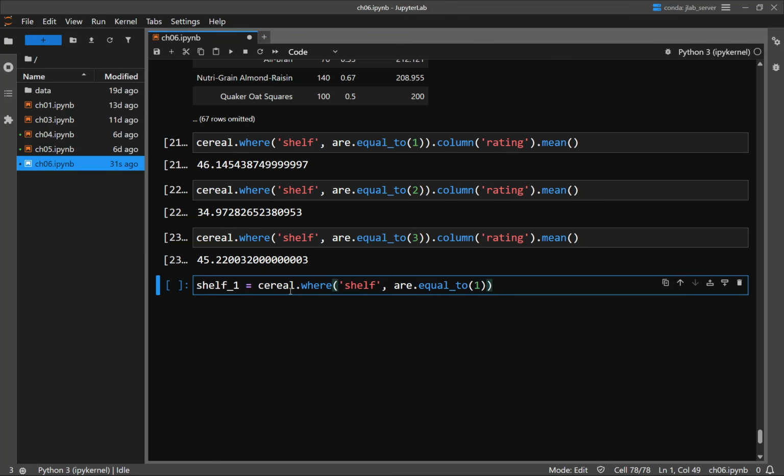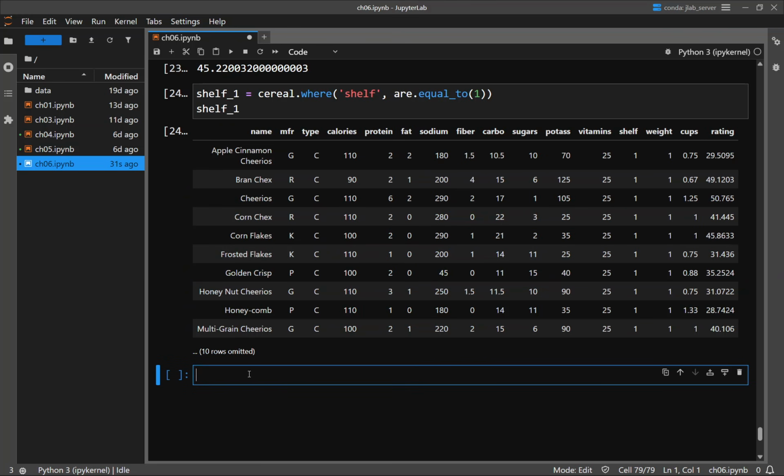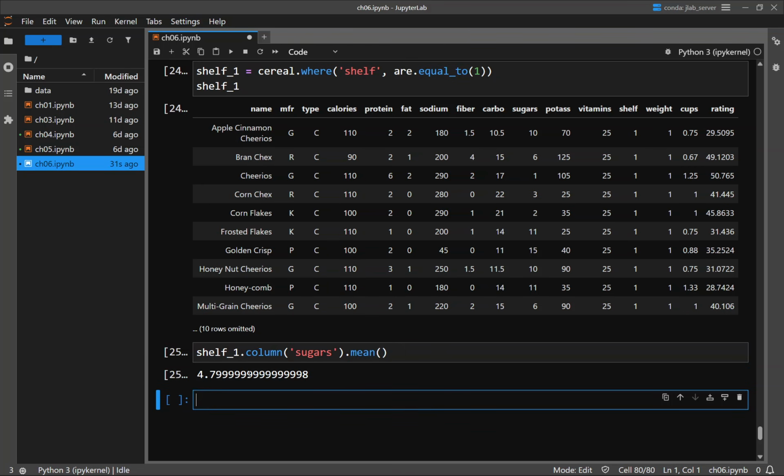We can call it something if we want to. And then we can say shelf 1 dot give me your sugars content, dot column sugars dot mean. So that's the average sugar content in grams for all the cereals in total on shelf 1. And we can do the same for shelf 2 and for shelf 3.